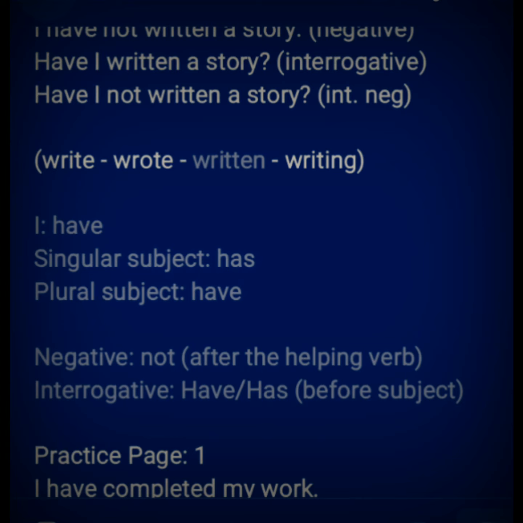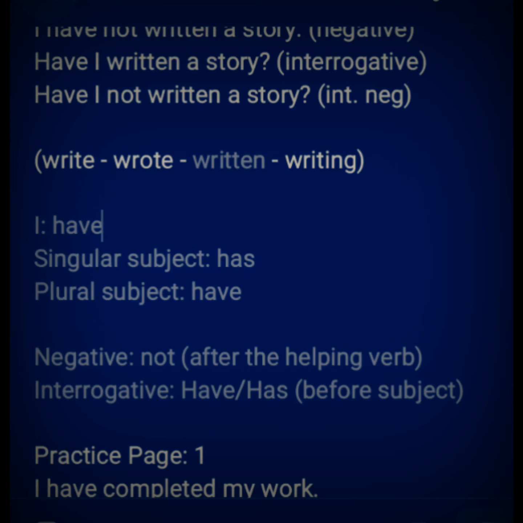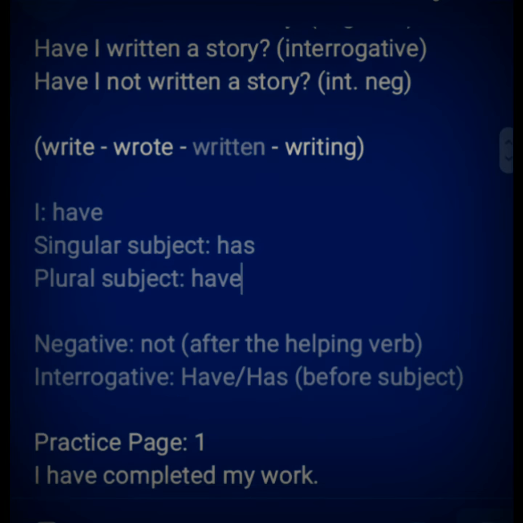And we also use this have with the plural subject. Note here that I, though it is singular, yet it takes the helping verb that is used with plural also. Have. I have done something, they have done something.